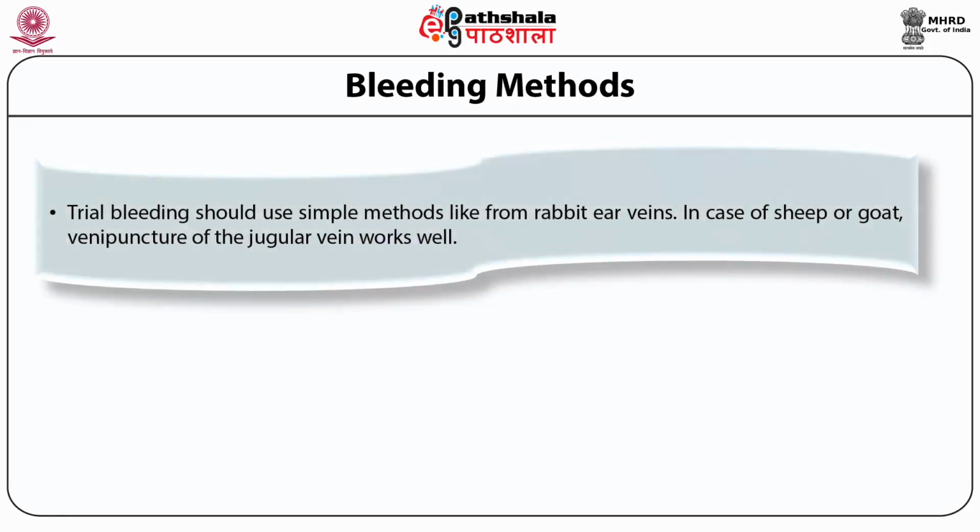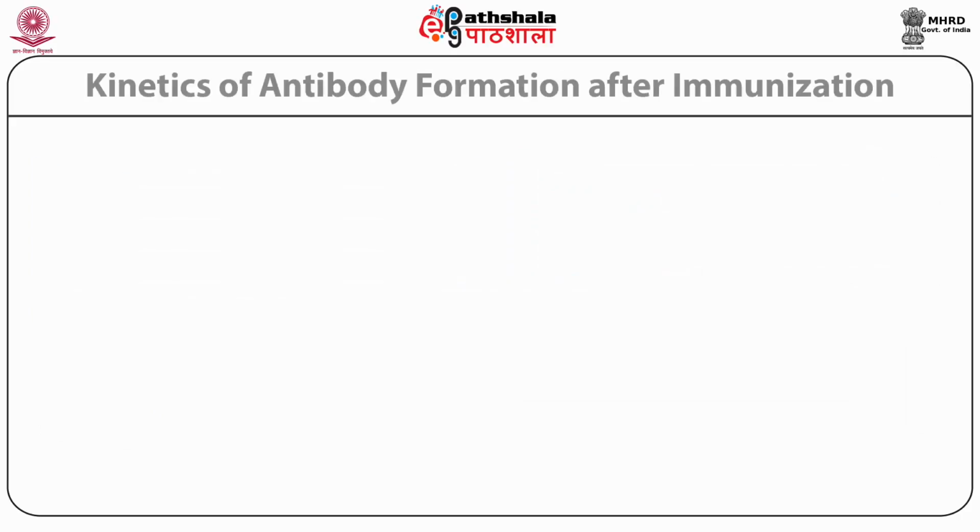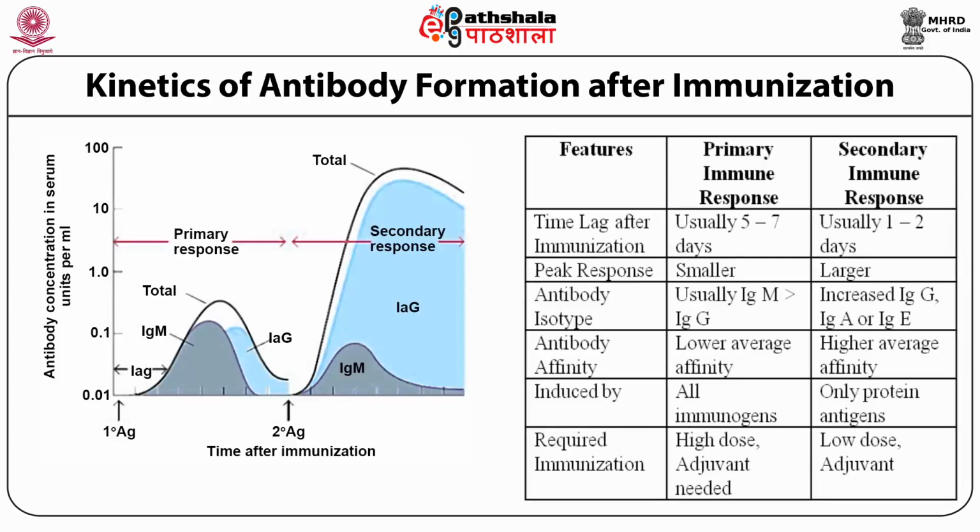Trial bleeding should use simple methods like rabbit ear veins. In case of sheep or goat, venipuncture of the jugular vein works well. Preparative bleeding may require local anesthesia. At least 2 to 3 weeks should intervene between successive bleedings. The humoral response comes in after a lag period.